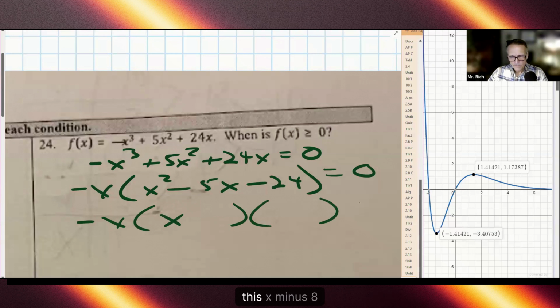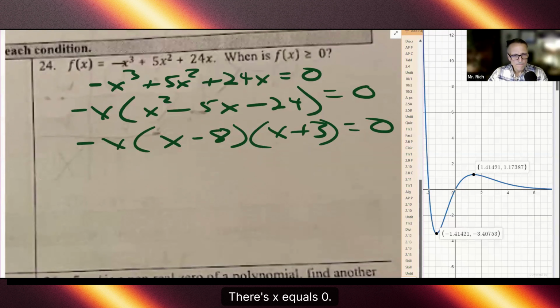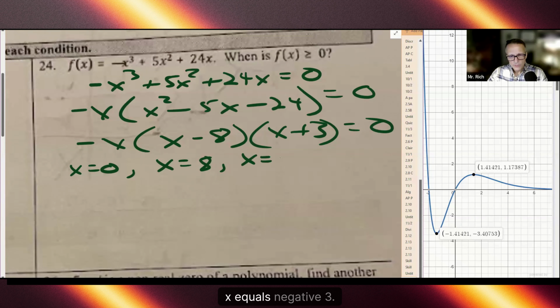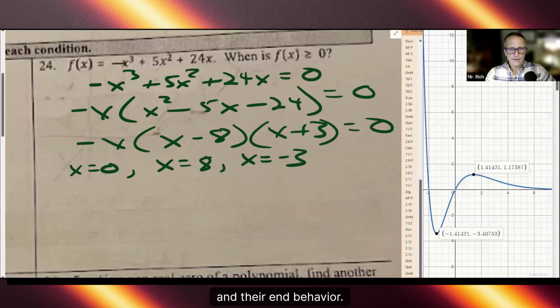When I factor this, x minus 8, x plus 3. So there are 3 zeros to this function. There's x equals 0, x equals 8, x equals negative 3. Now, I'm going to just use my knowledge of polynomials and their end behavior.